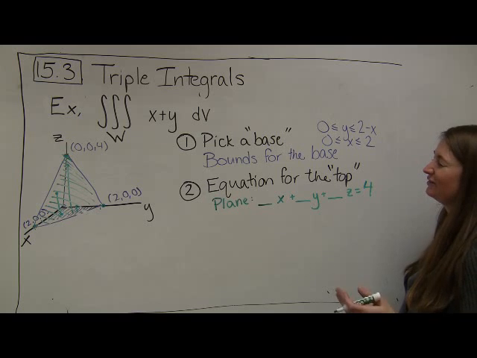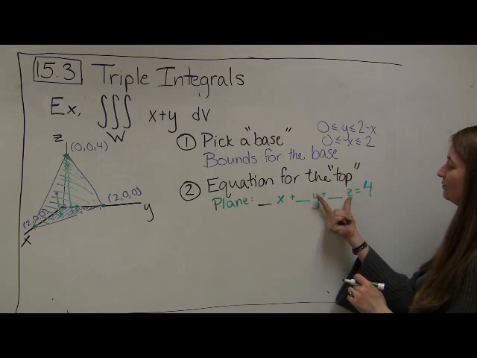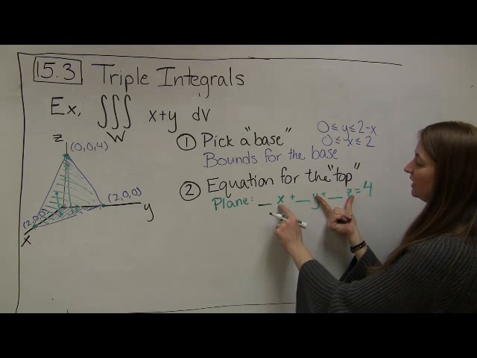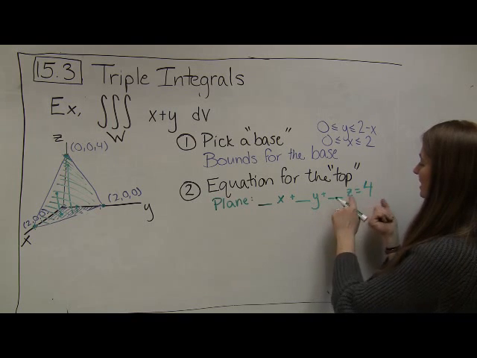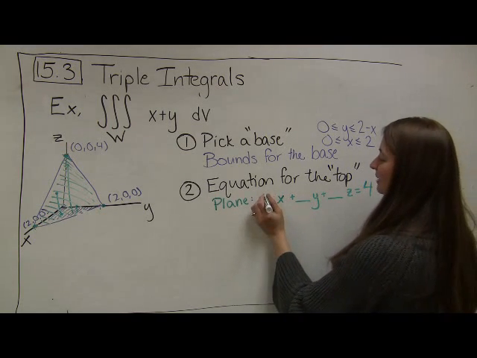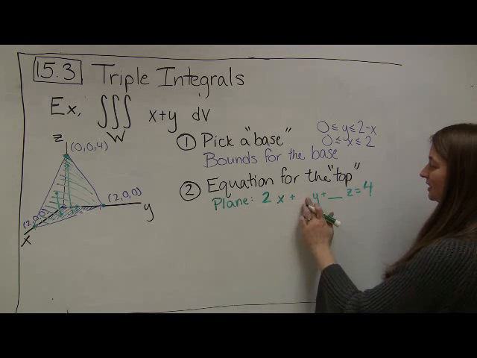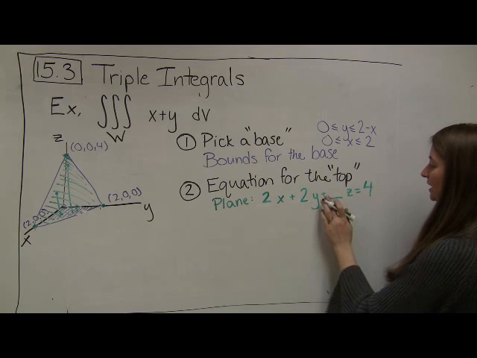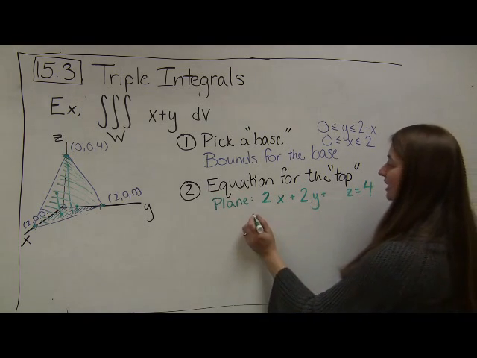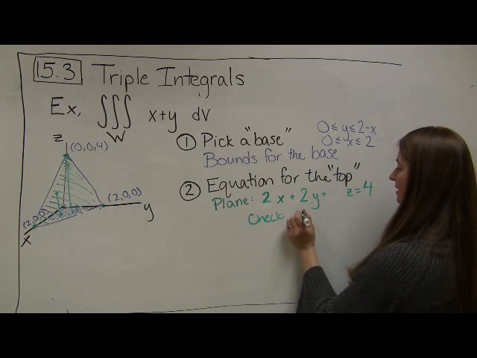So just by cleverly, without having to do a lot of mathematics, I can see that if both the y and the z are equal to 0, when I plug 2 in for x, 0 in for y, and 0 in for z, I would want to get out a 4. So that means that my coefficient on x would have to be a 2. Similarly, the coefficient on y would have to be 2, and my coefficient on z in this case is just equal to 1. And I could check to make sure that this formula actually works by plugging in my points.